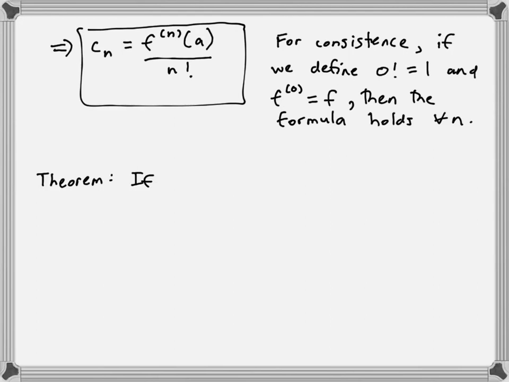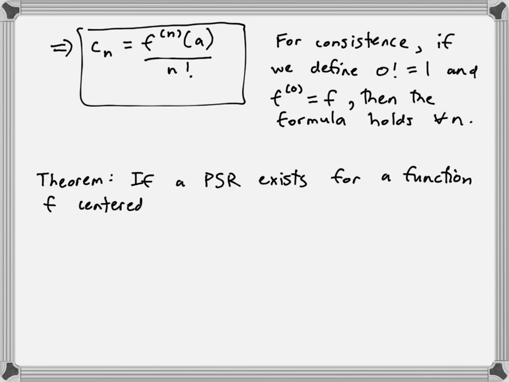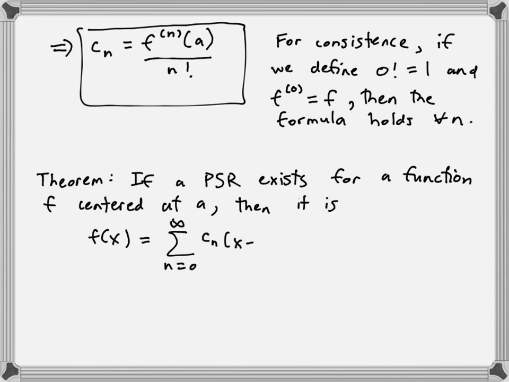If a power series representation exists for a function f centered at a, then it is that formula right there where Cn is equal to that. Okay? In other words, these guys are the coefficients.